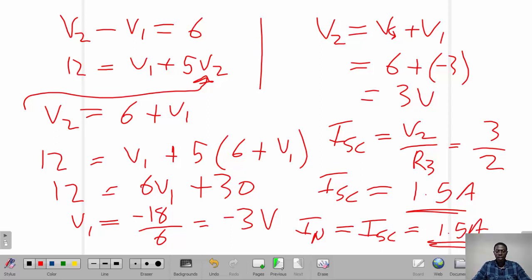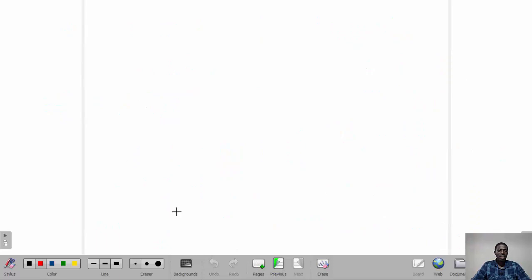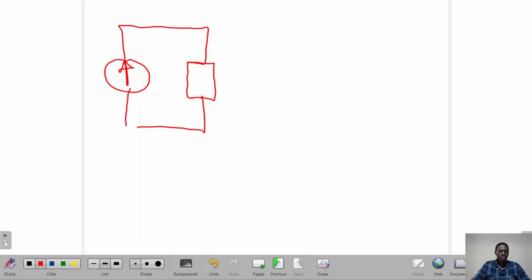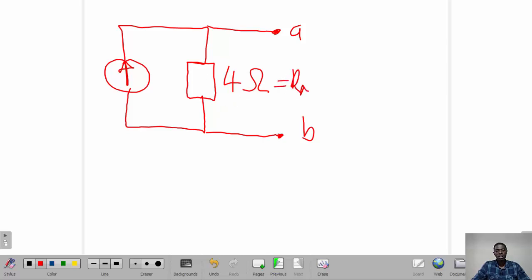And we could go ahead and say the final circuit now appears as follows. We've got the Norton's current parallel to the resistor, and then the terminals where we can connect the load resistor. You remember we calculated the Norton's resistance to be equal to 4 ohms, and the Norton's current is equal to 1.5 amps.